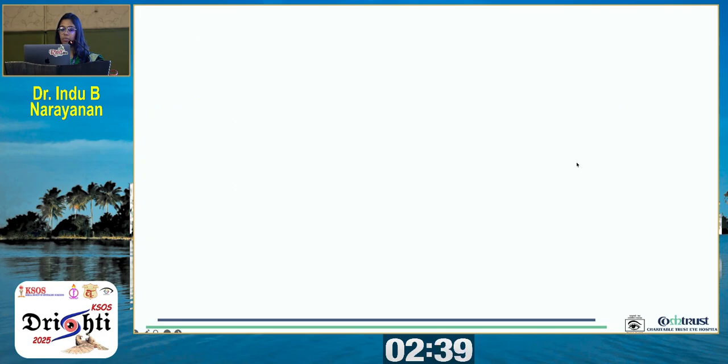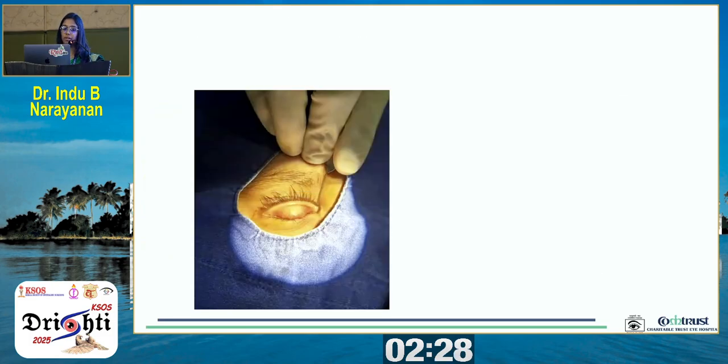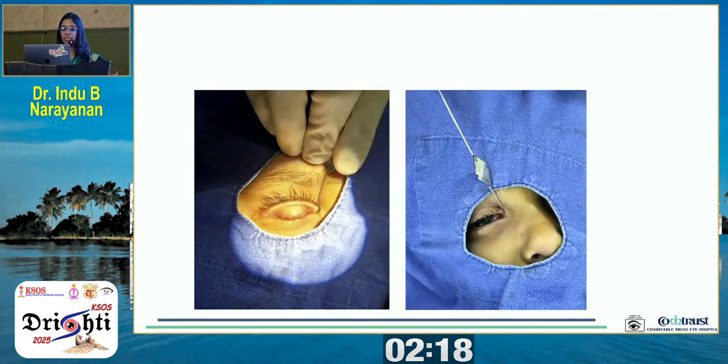The probe is directed in the horizontal direction until you get the hard stop. When the hard stop is reached, withdraw by 1 millimeter and then gently direct it vertically, along the direction of the NLD, that is lateral, inferior, lateral and posterior, until you get a gentle soft stop, this giveaway feeling.